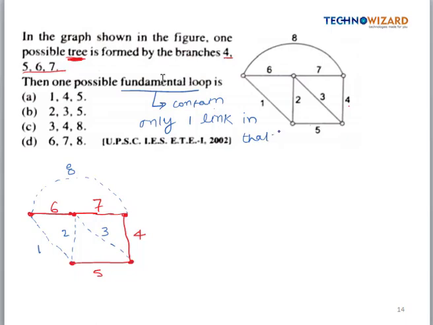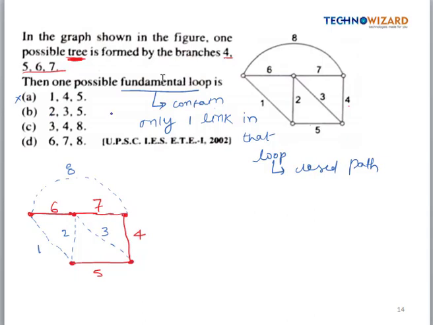So now we have to find that loop. In the options, the first option is 1, 4 and 5. So 1, 4 and 5 is not forming any loop. A loop is always a closed path, and this is not a closed path, so option A is wrong.